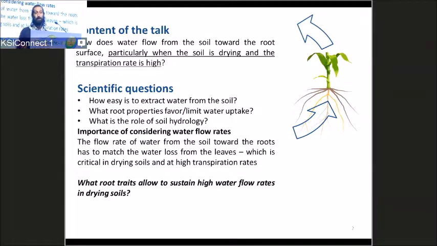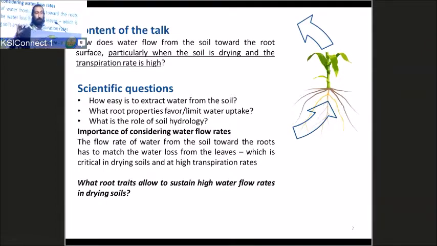And the third question is a bit also my question. You know, I'm a soil hydrologist, a soil physicist, and I'm questioning myself, okay, what is my job here? So what can I bring you? To what extent may soil physics research advance the research on drought? So let's see if I can make this. To address this question, it's important in my view to consider the water flow rates.